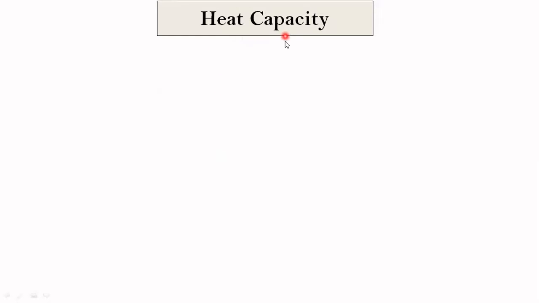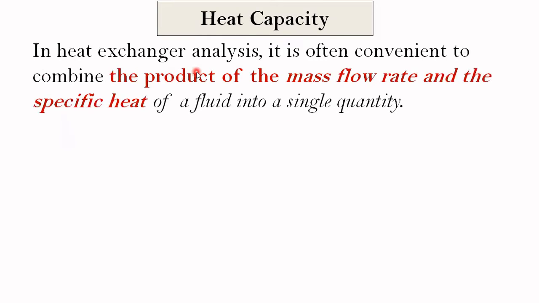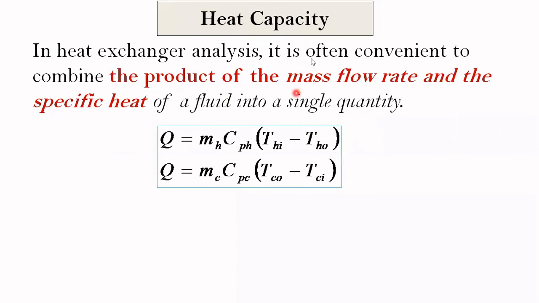Now let us understand what heat capacity is. That is very essential in case of the effectiveness NTU method. In heat exchanger analysis, it is often convenient to combine the product of mass flow rate and the specific heat of a fluid into a single quantity. This single quantity is known as the heat capacity.